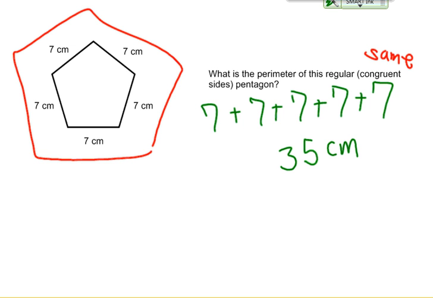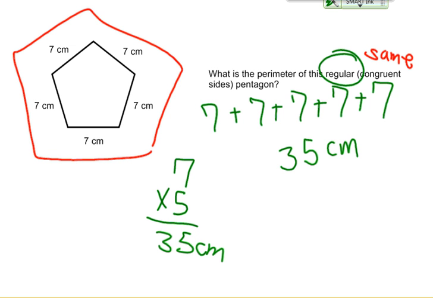It's 35 centimeters. Now, you might say, well, there's a much, much faster way. I could just take 7 times the 5 sides, which would give you 35 centimeters, which does work, but only when you have a regular shape, right? Or something where all the sides are equal.